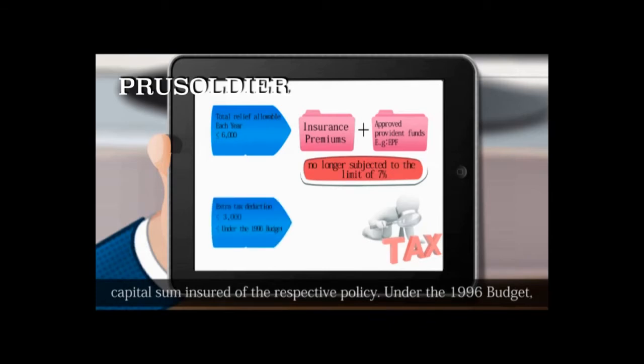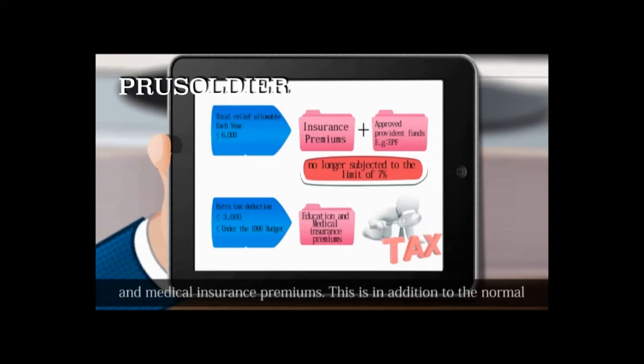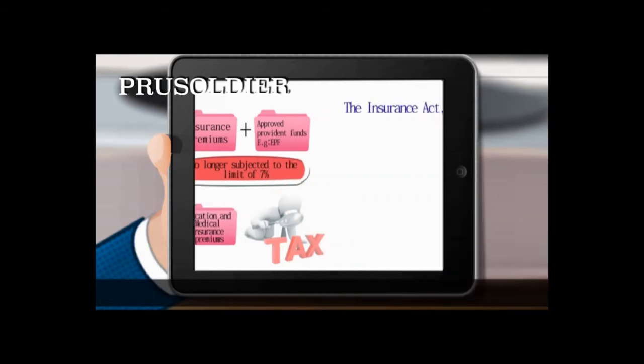Under the 1996 budget, an extra tax deduction of 3,000 ringgit under Section 49 subsection 1b of the Income Tax Act 1967 was announced, which can be used for education and medical insurance premiums. This is in addition to the normal tax deduction of 6,000 ringgit.